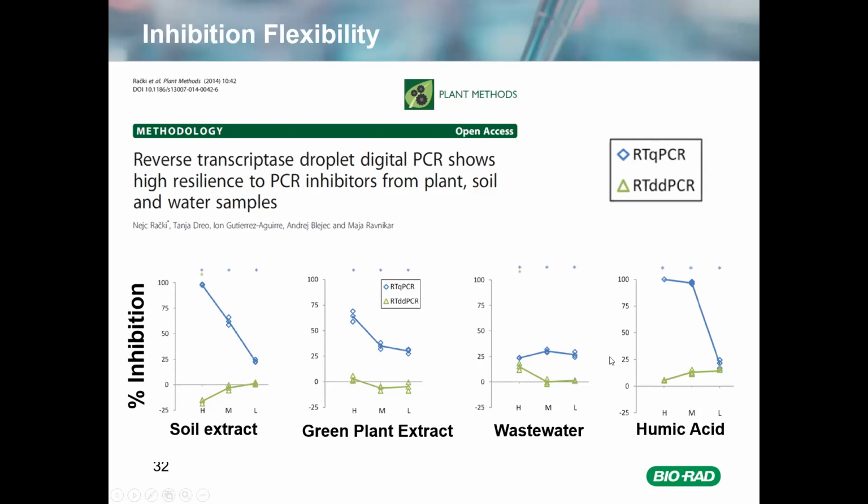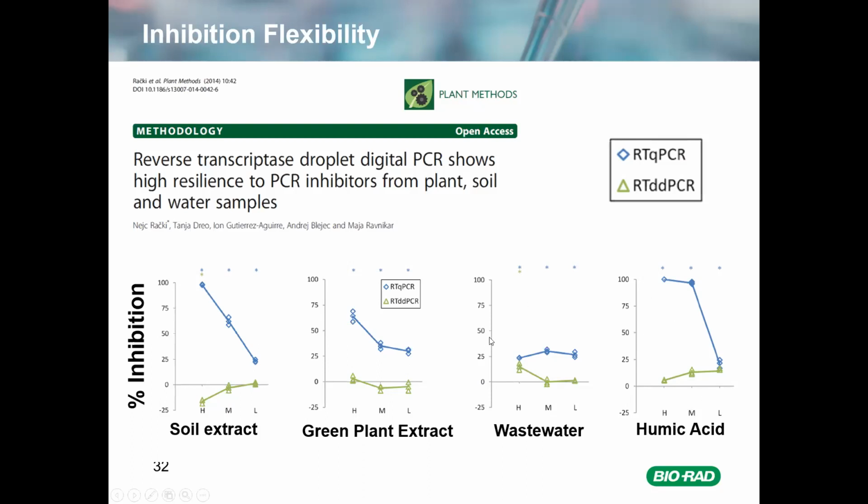What you can see pretty much across the board is that ddPCR is much more tolerant when it comes to PCR inhibition. Most of these lines are right around 0%, where you can see that qPCR has a lot of inhibition, particularly at high as well as medium, but also even at low amounts of the inhibition, including both wastewater, which we're going to be talking about in the next section, as well as humic acid, which is a component often found in wastewater as well.